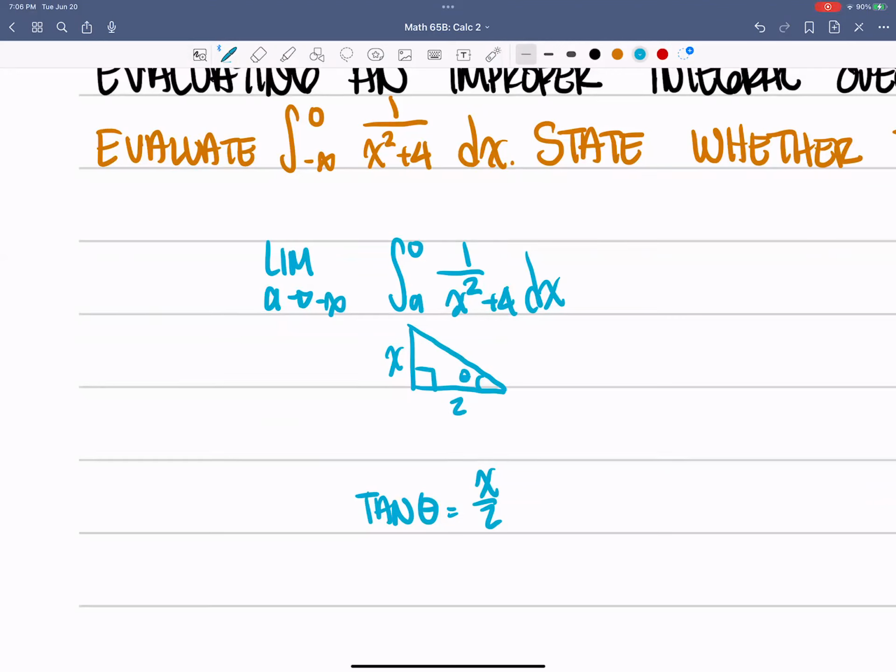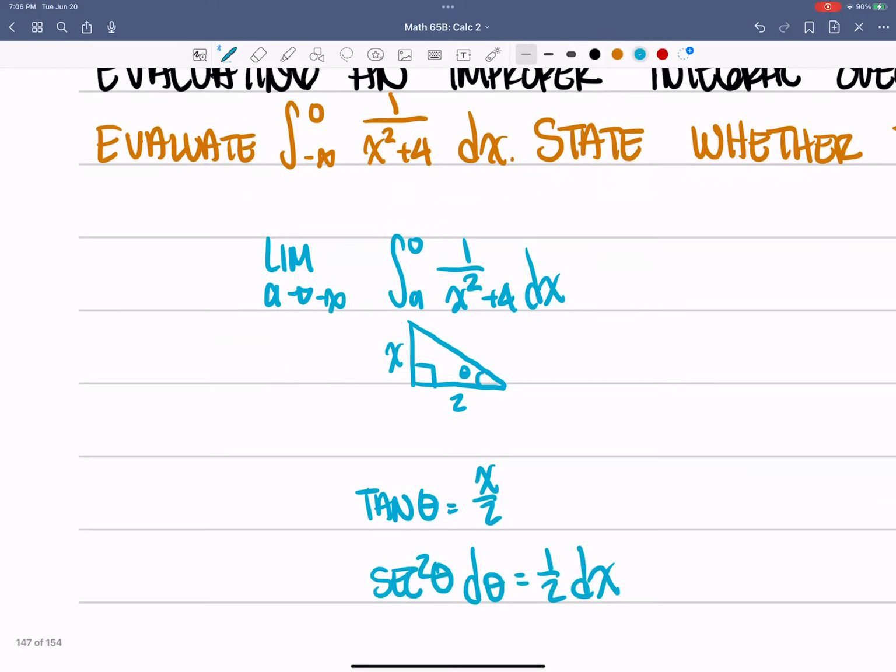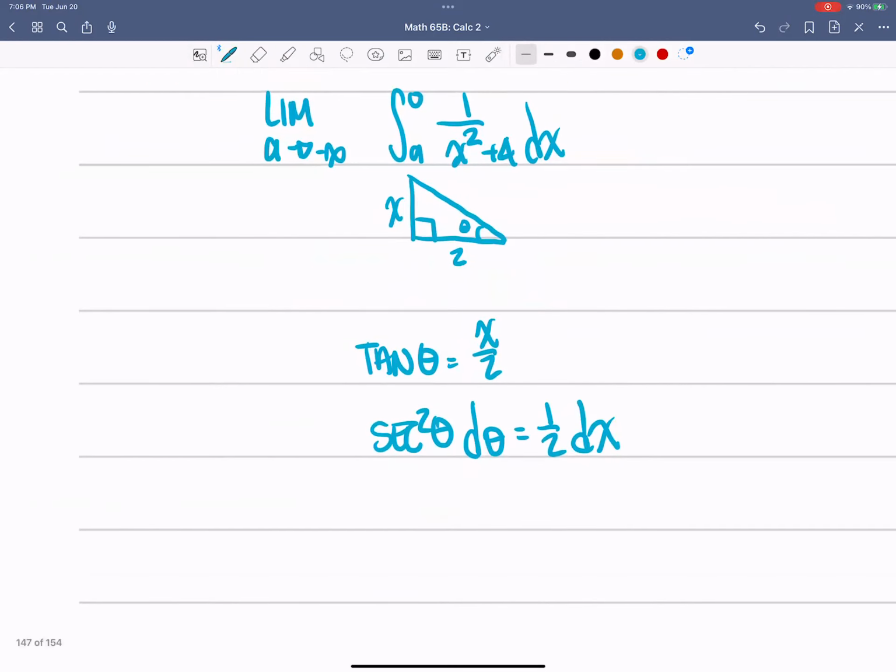Let's take the derivative. The derivative here is going to be secant squared theta d theta, and that's going to be equal to 1 over 2 dx. I feel like we have everything now, so let's go ahead and start. The limit as a approaches negative infinity from a to 0.